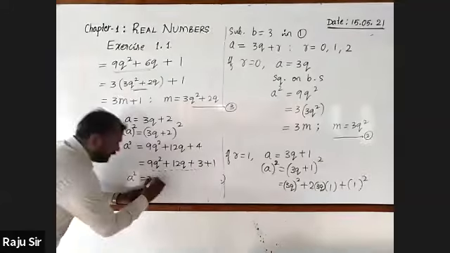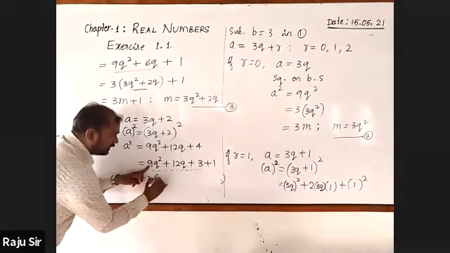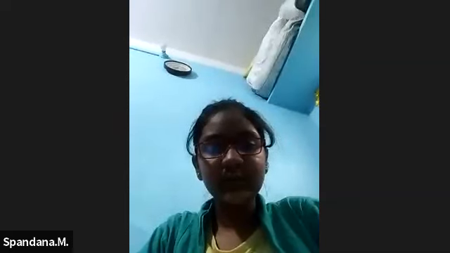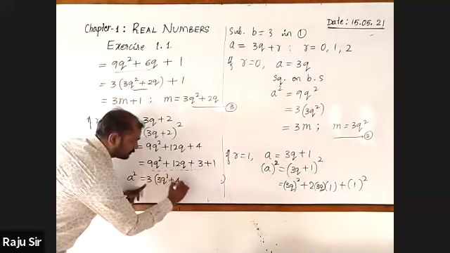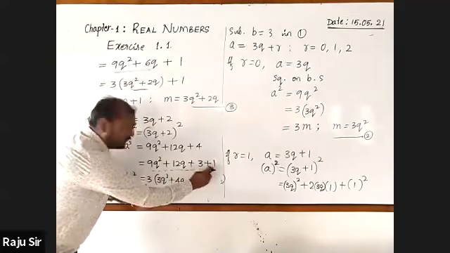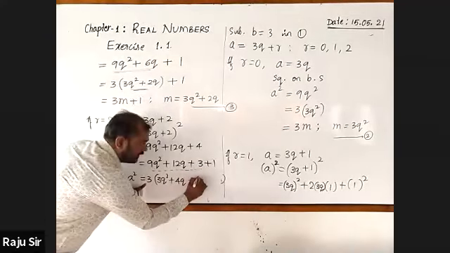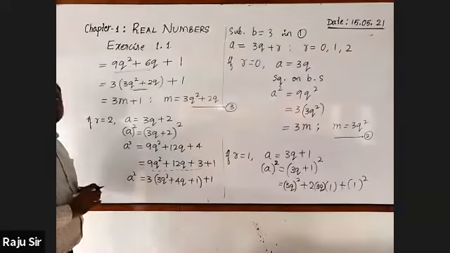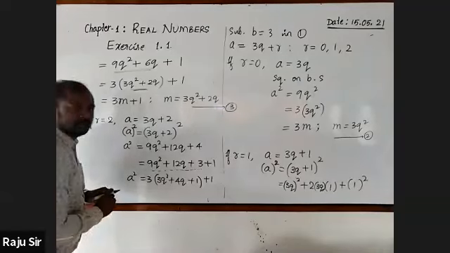It is 3 into 3q square plus 3 into 4q plus 3 into 1. But 1 is not a multiple of 3. Hence, I write it separately. Plus 1 as it is. Got it? Yes, sir.